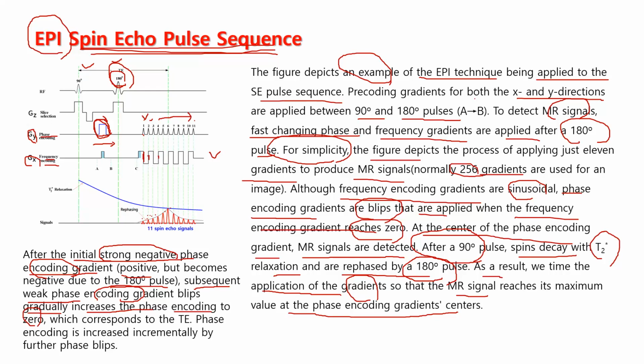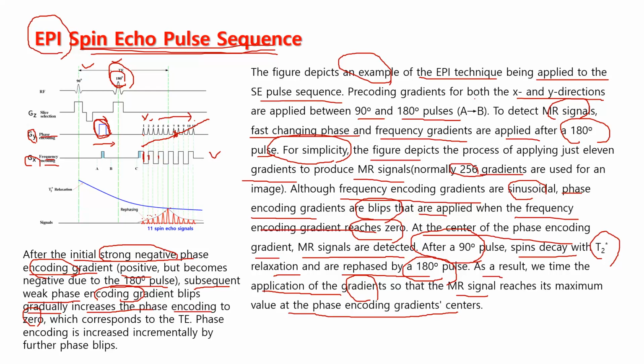So the phase is negatively largest, and the phase is increasing, right? Due to these blip type phase encoding gradients.